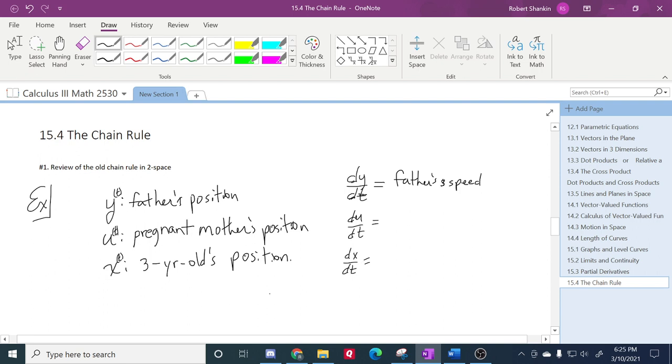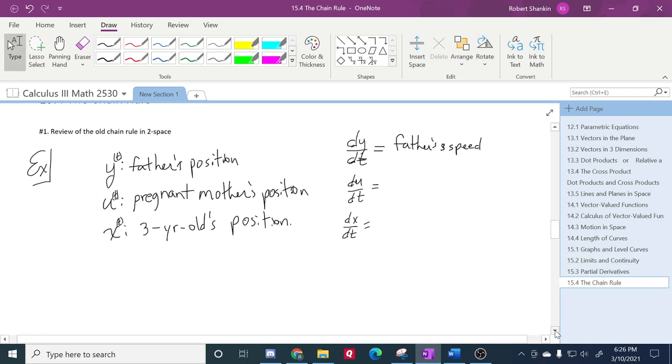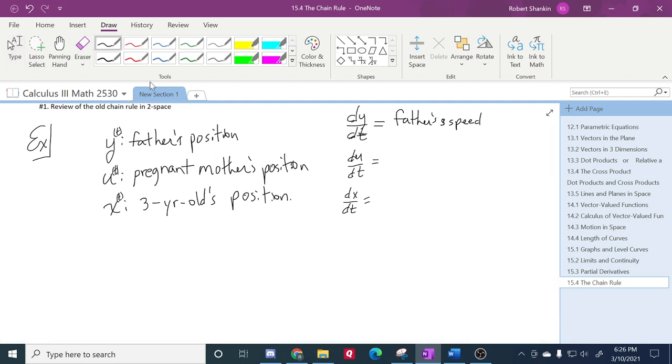Okay. Suppose we weren't able to get these things objectively, we were going to have to work with these things.